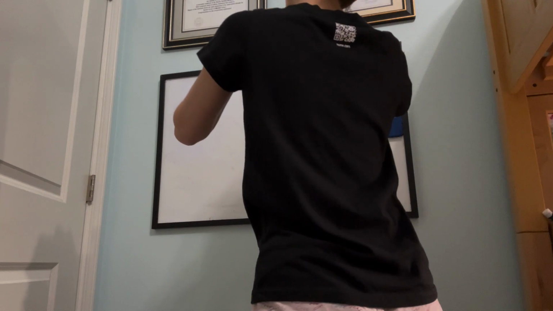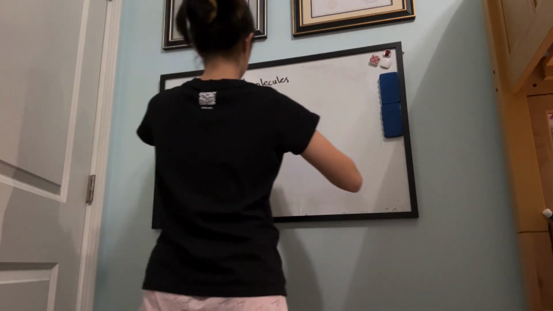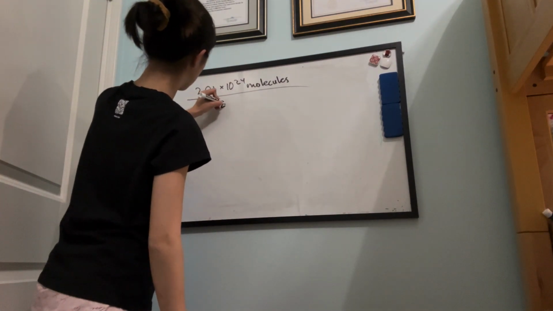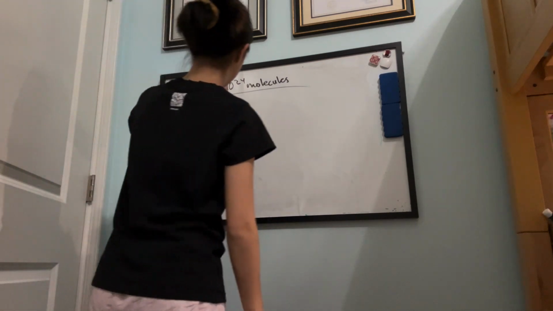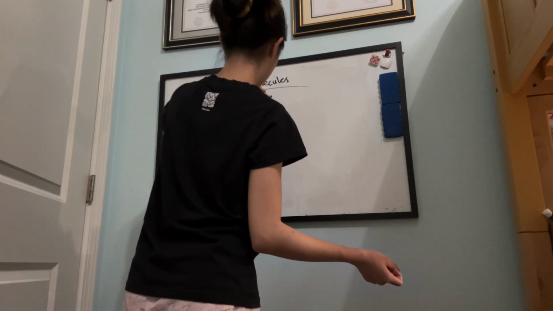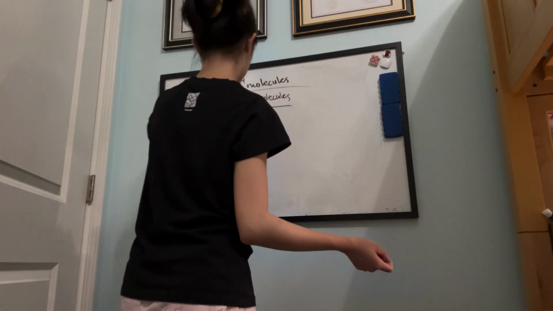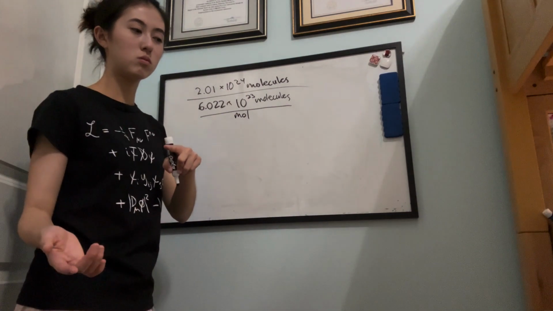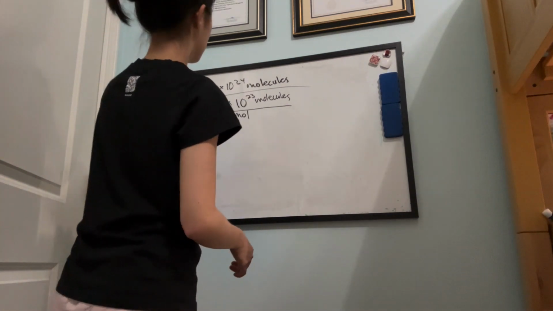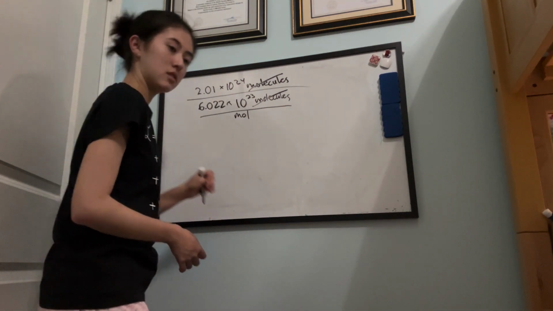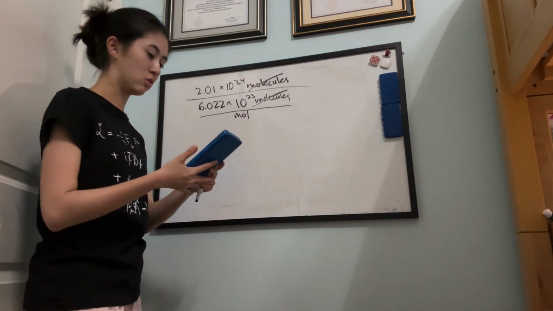Divided by Avogadro's number, we know this now, 6.022 times 10 to the 23rd molecules per mole. Yes, that is correct. Okay, so then molecules is going to cancel out, and we're left with the unit moles.